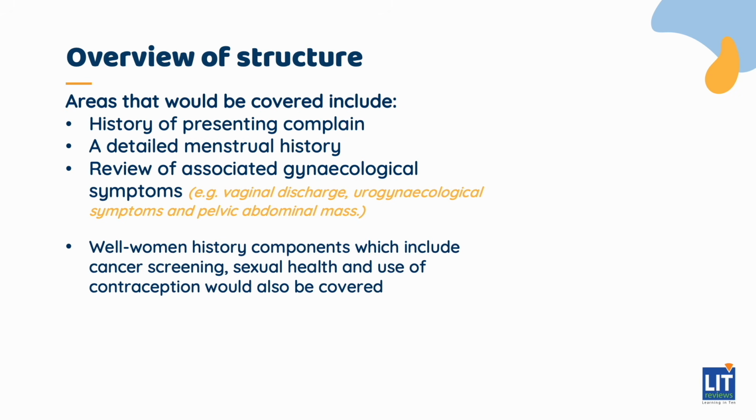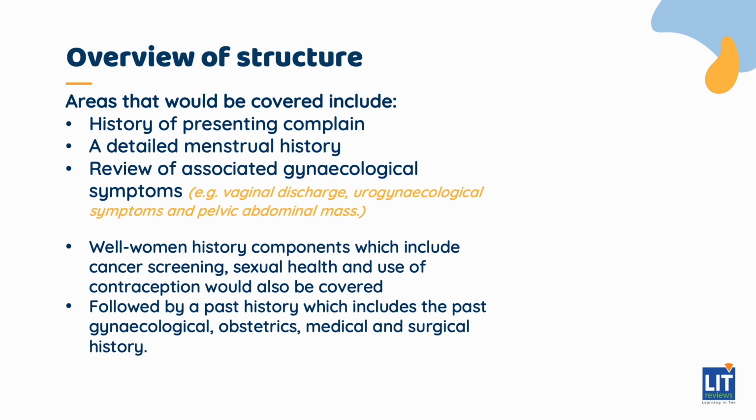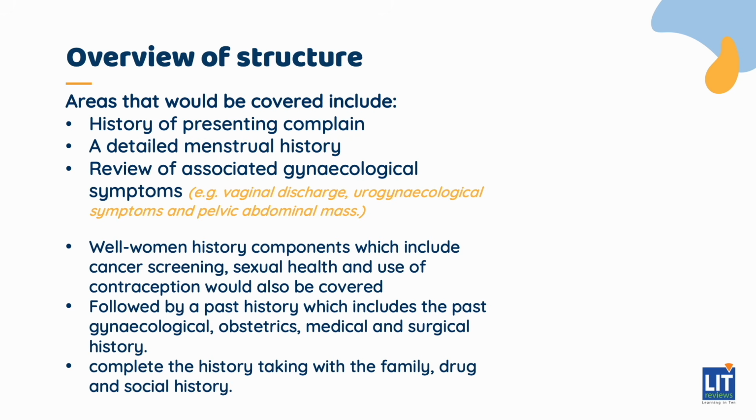Women's health components including cancer screening and sexual health and use of contraception would also be covered. This is followed by a past history which includes the past gynecological, obstetrics, medical, and surgical history. We would then complete the history taking with family, drug, and social history.